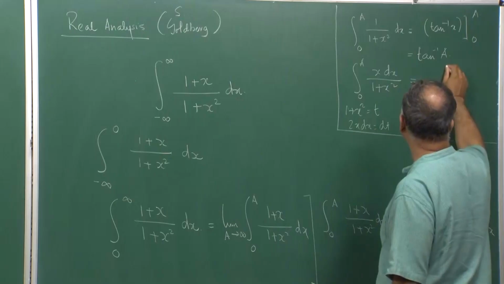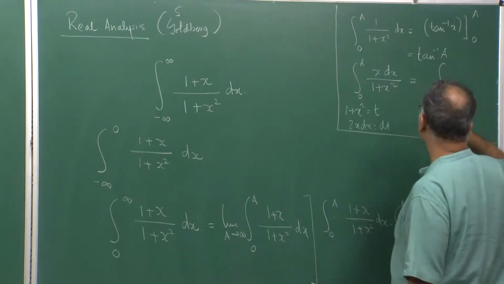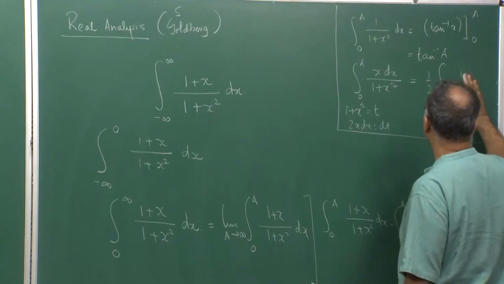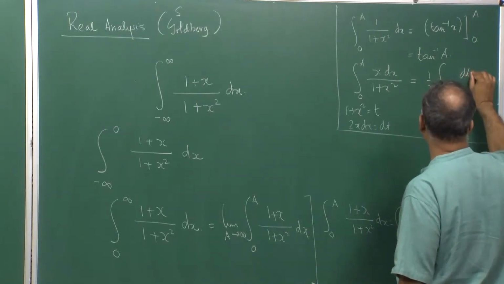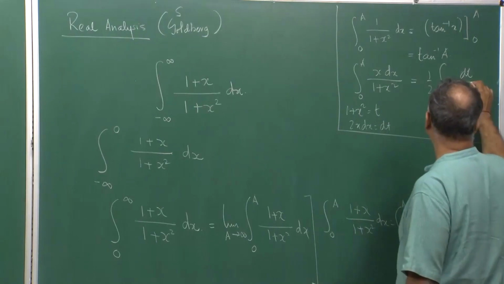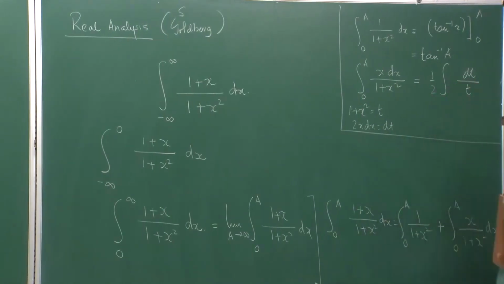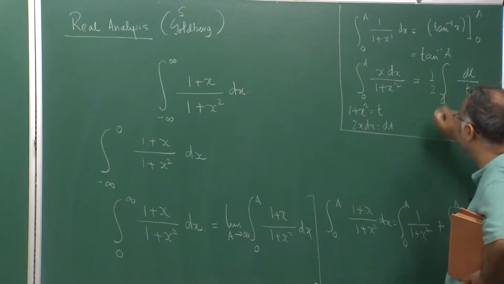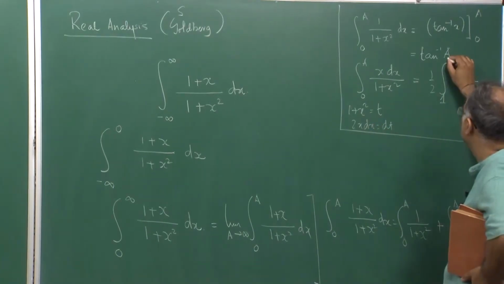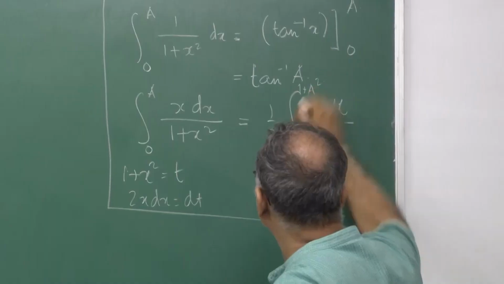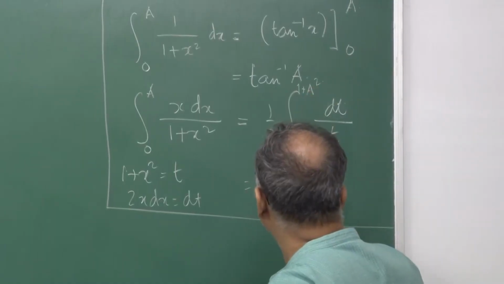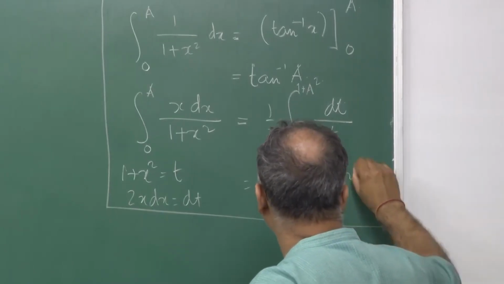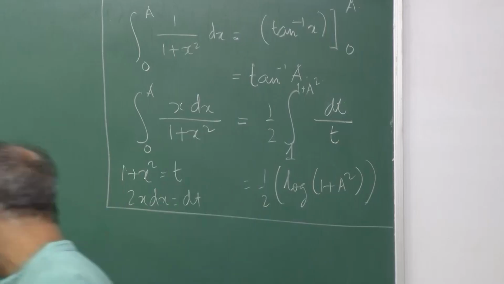So, this would be equal to half of dt by t, and the limit would be from, when x is 0 the limit is 1, when x is a the limit is 1 plus a square. So, this will be nothing but half log of 1 plus a square. Of course, this is defined, log 1 is 0.